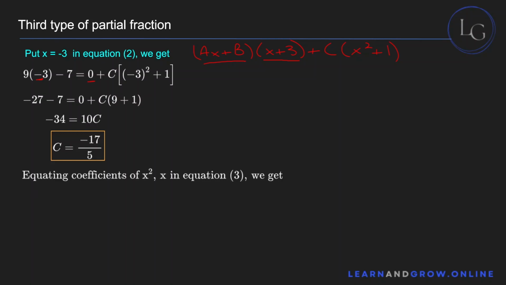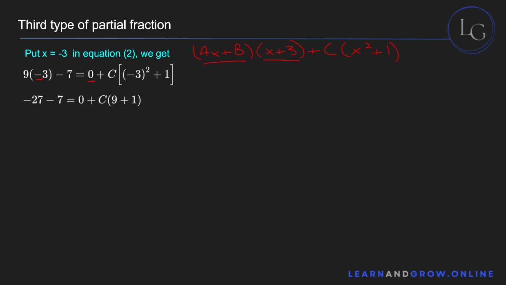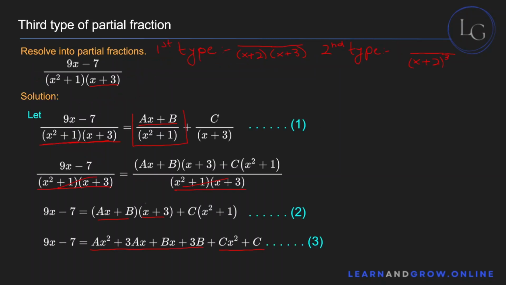Now, we have to equate coefficients on the left hand side and the right hand side. So equating coefficients of x squared and x in equation 3. Let's see what equation 3 is. Look at this. The coefficients of x squared are a and plus c. So a plus c are the coefficients of x squared.